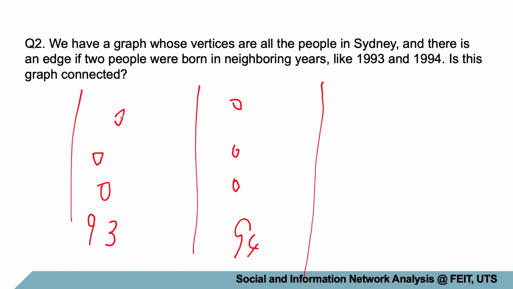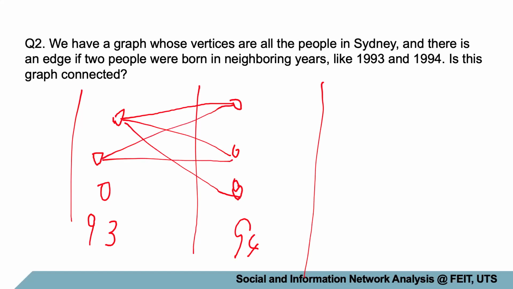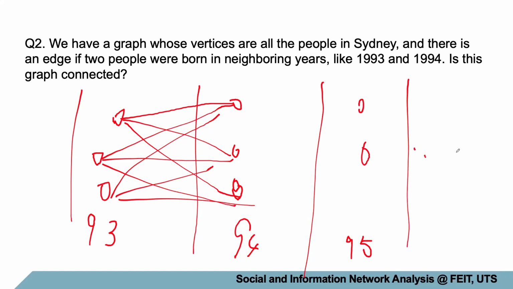And then if we draw a graph, there'll be an edge from people born in 93 to 94. And then for the other people, it's the same. This continues to 95, until 2024, the newborn babies. So if we draw this graph, the graph will be like this.